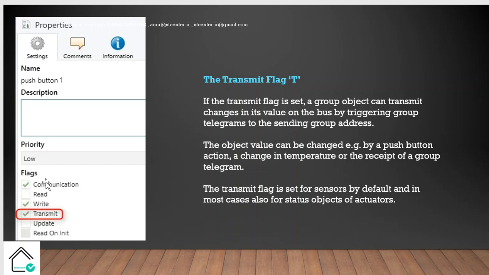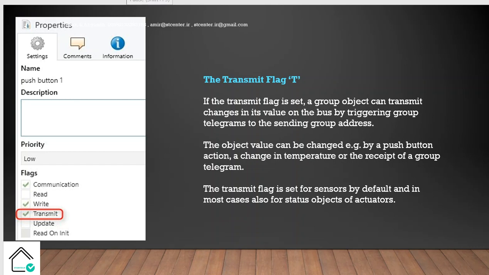So whenever the T flag and communication flag are on, it means the group object provides the sensor function. As the book said, for example, the object value can be changed by a push button action, a change in temperature, or receipt of a group telegram. The transmit flag is set for sensors by default, and in most cases also for a status object of an actuator.